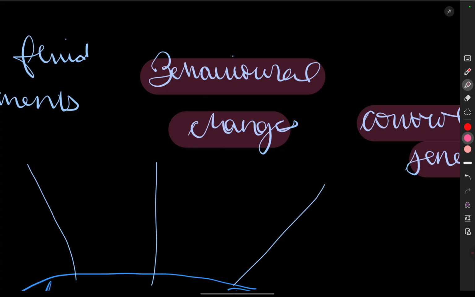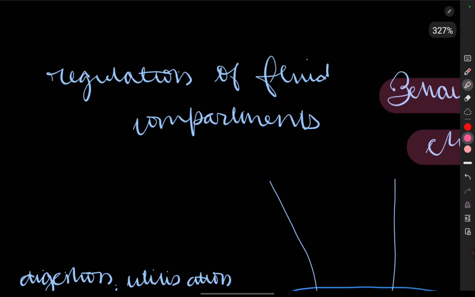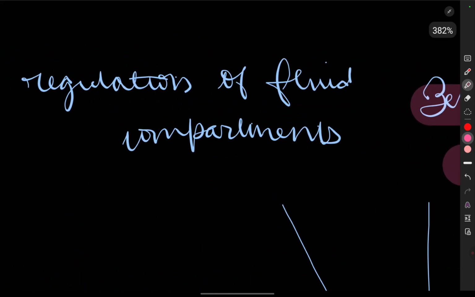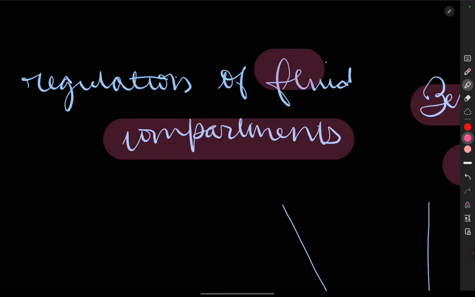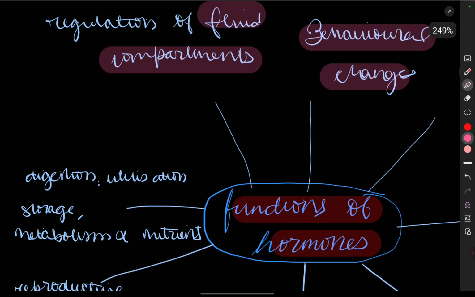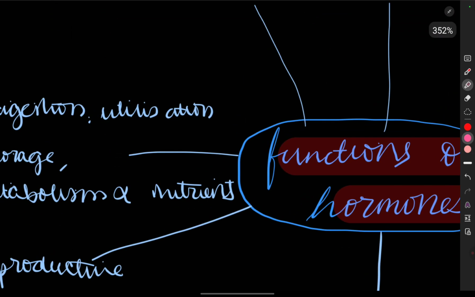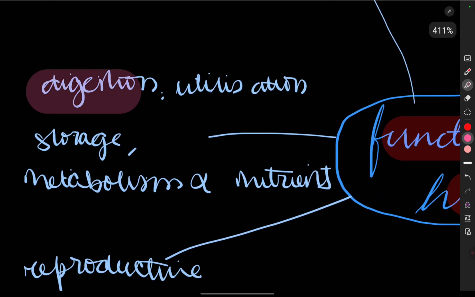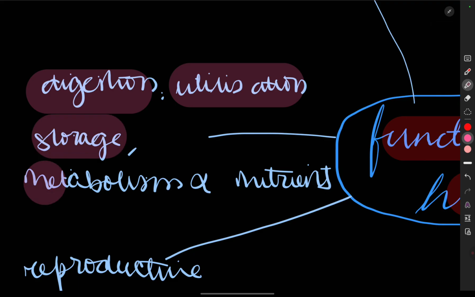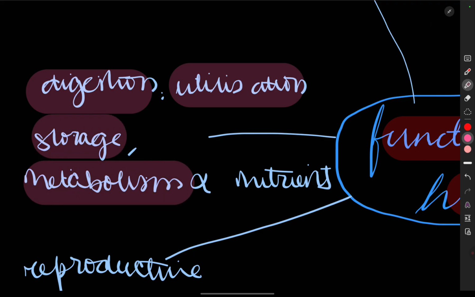Estrogen is a hormone, right? So behavioral changes are also a function of the hormones. Next, regulation of fluid compartments: hormones maintain the fluid balance and volume. Then digestion, utilization, storage, and metabolism of nutrients are also carried out by the hormones.